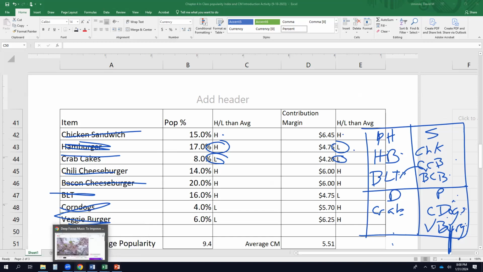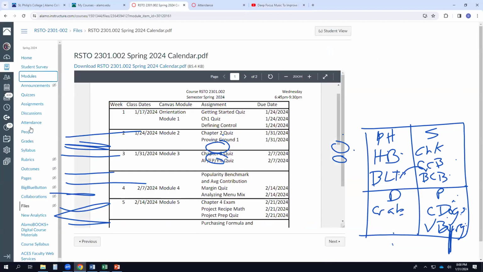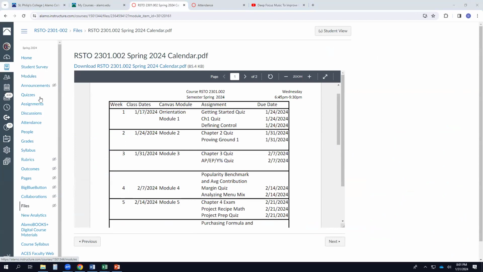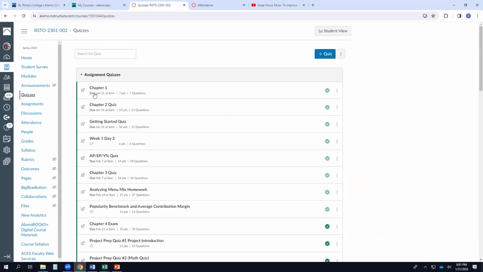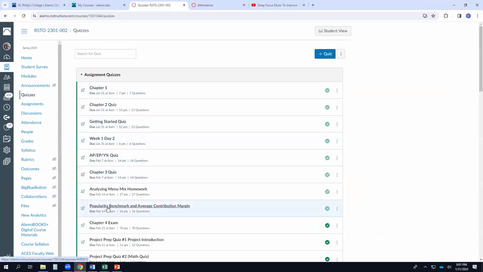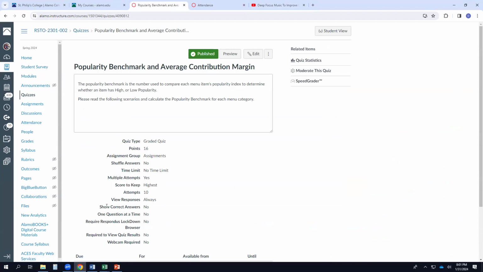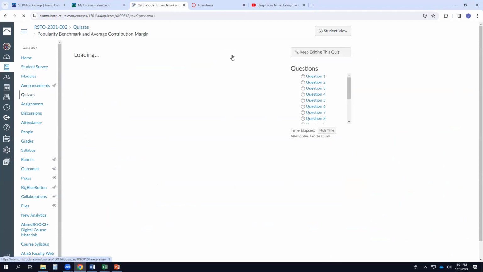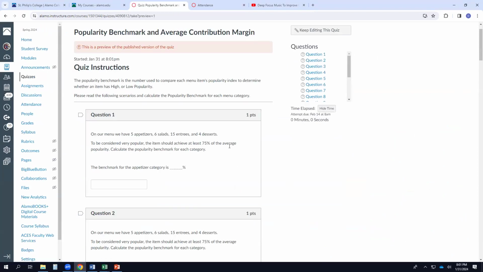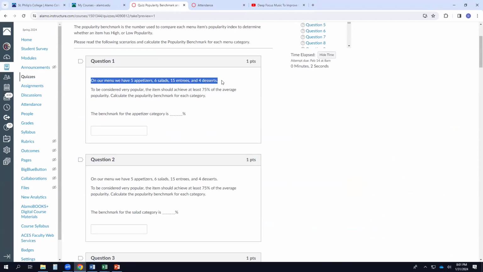Let's see. Okay, so I'm going to go over one of the quizzes. The quiz that I want to go over is the popularity benchmark and the average contribution margin quiz. On this quiz, questions 1, 2, 3, and 4 are all the same information.